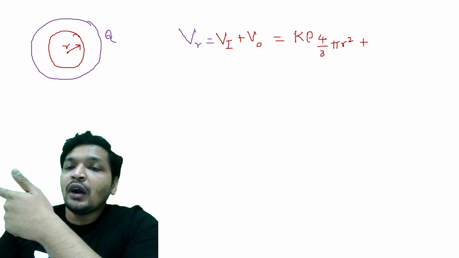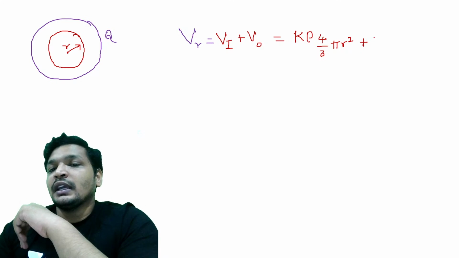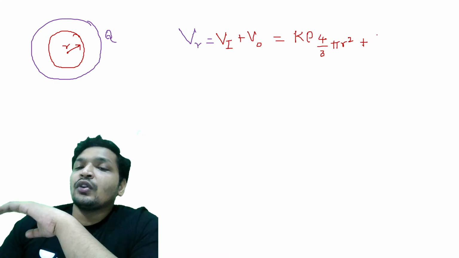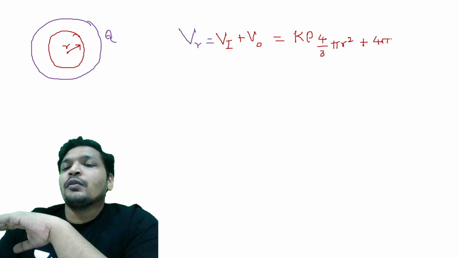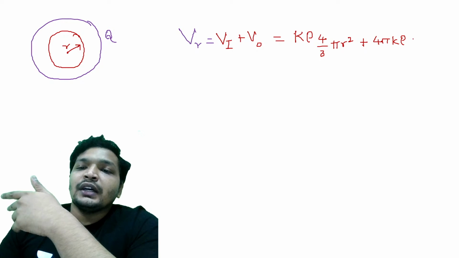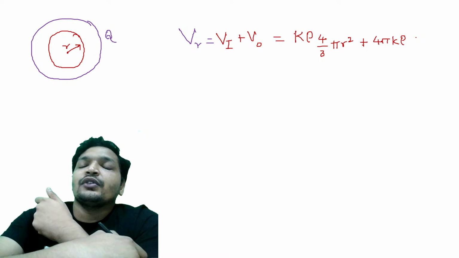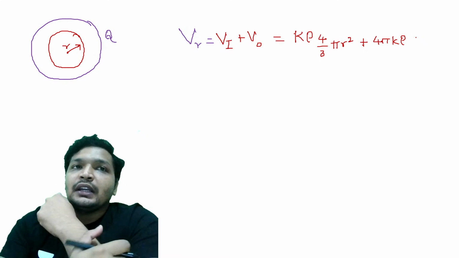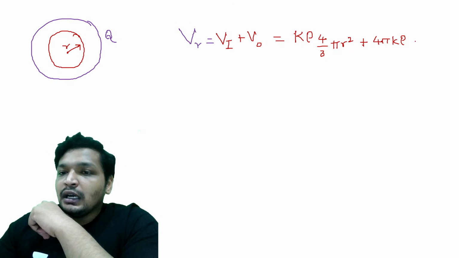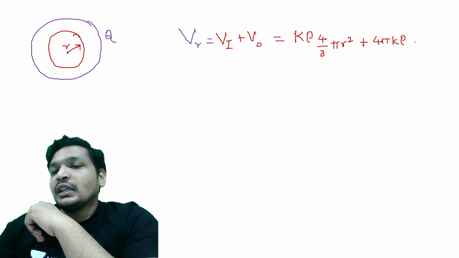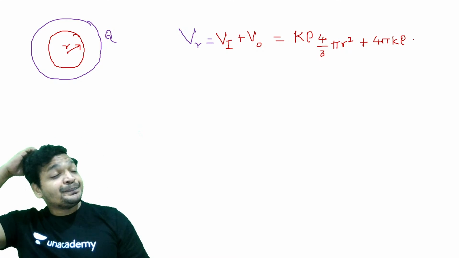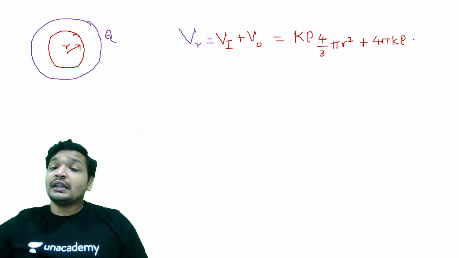And due to outer, you will get 4 pi K rho, and there would be a 4 pi R square dr. So 4 pi has been taken out, so R square dr divided by R. That would just be R dr integration.